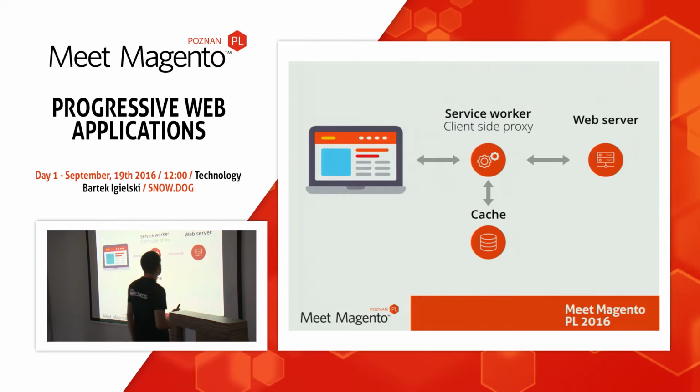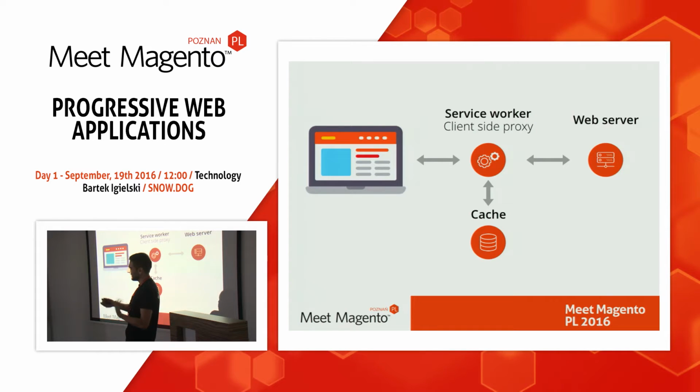So here come the service workers. A service worker works as a client-side proxy, and every request from the user to the server has to come through the service worker. And on this level, we can do whatever we want with this request.